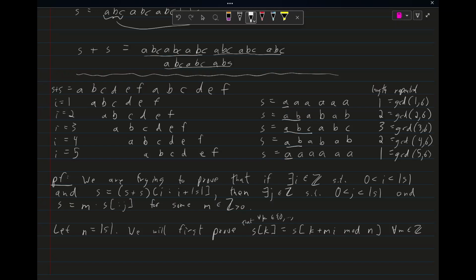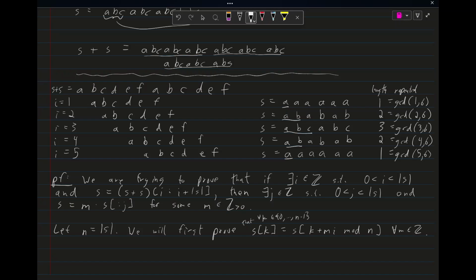So every integer k between 0 and n minus 1, because these are the n indices of s.